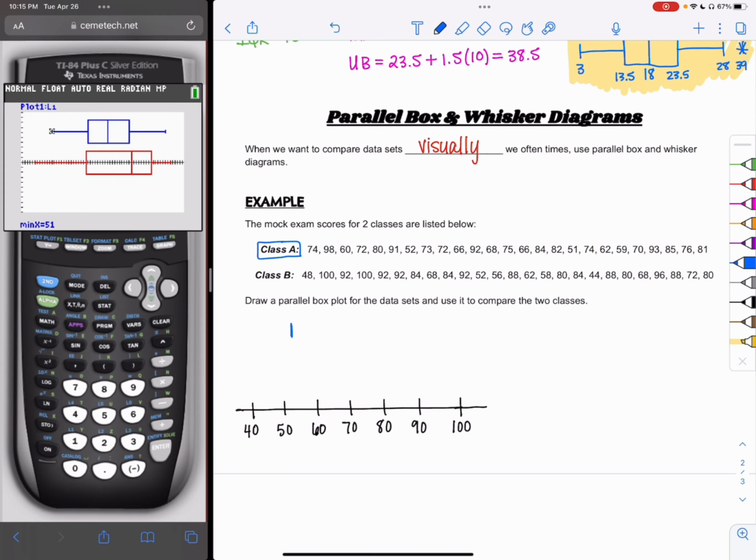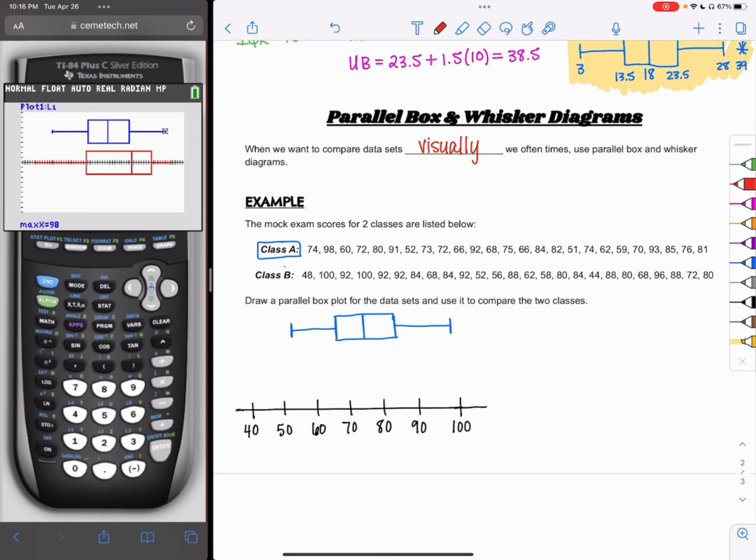Then if I go over, my Q1 is 66, which is a little bit above half. My median is 74, which is a little bit below half. Remember, I'm doing this by hand, so it may not be as accurate, but you should get the point. My Q3 is 83, and my whisker, or my maximum, is at 98, which is somewhere here. When I connect these and connect my whiskers, that'll be what I end up getting.